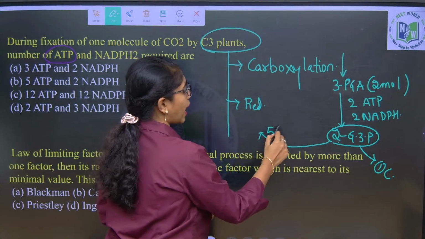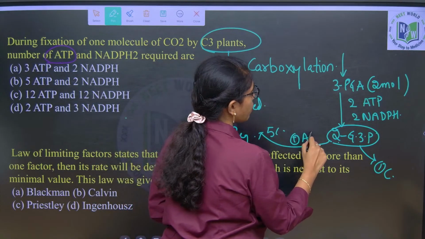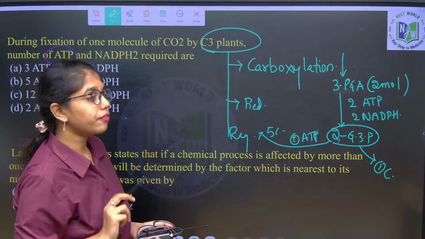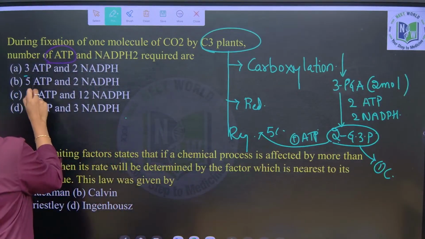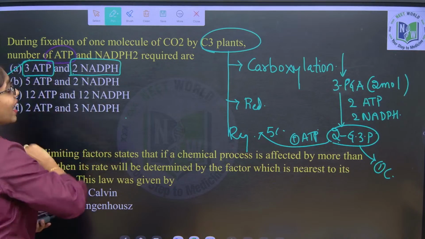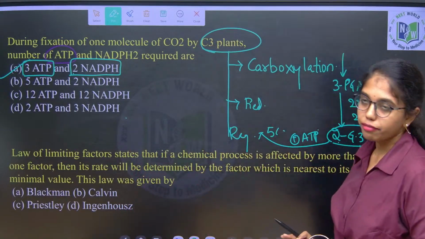The remaining 5 carbons are regenerated, and at the time of regeneration 1 more ATP is used. As such, for 1 carbon dioxide fixation, it requires 3 ATP and 2 NADPH, so option A will be the correct answer.